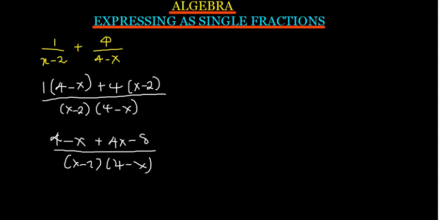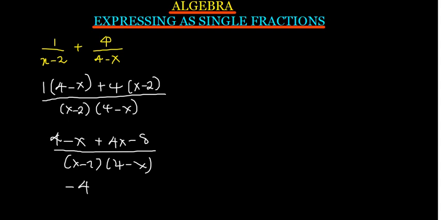The next thing, on top, we are going to make a simplification. So we're going to add like terms. What we are able to see that has the same term, we are going to add. On top we have 4 and negative 8, so 4 minus 8 gives us a negative 4.